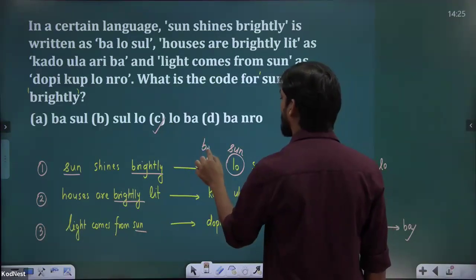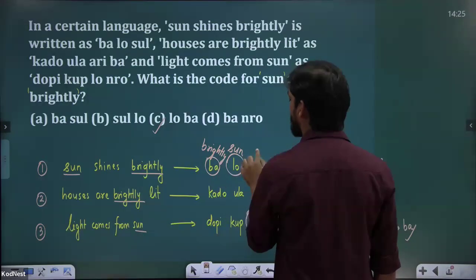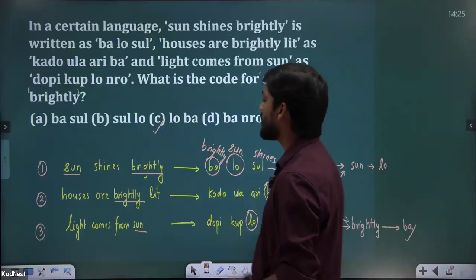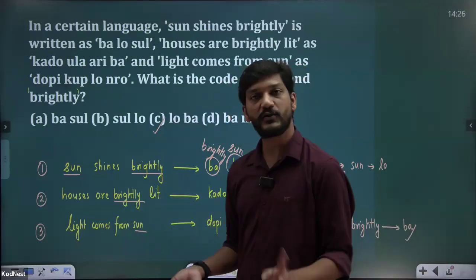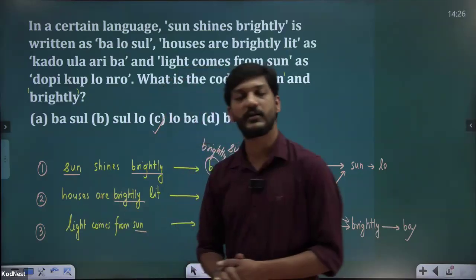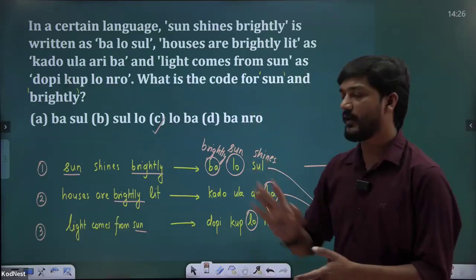This is the translation of brightly. So this must be the translation of shines. Now, I cannot answer what is the translation of lit. It is not possible. Translation of are, translation of houses. So not every translation we can find, but yes, these three we can find.